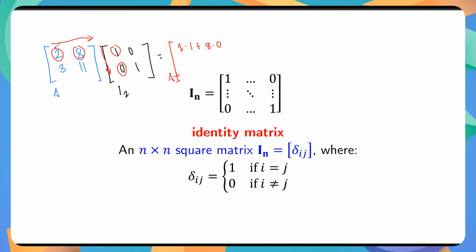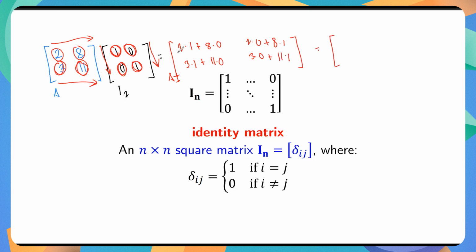Then the second element would be, not 2 times 8, sorry, this is 2 times 0, so this direction: 2 times 0 plus 8 times 1. And then the last two elements would be 3 times 1 and then 11 times 0. And then for the fourth element, or the last element, it would be 3 times 0 plus 11 times 1.